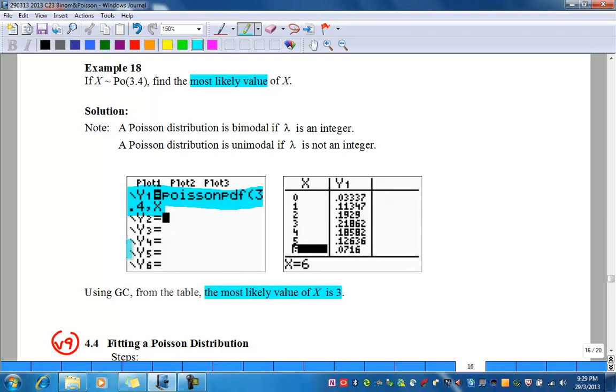With this table, we need to look out for the one with the highest value, which is 0.2186, and this corresponds to the value 3. So using a GC and from the table, the most likely value of x is 3.